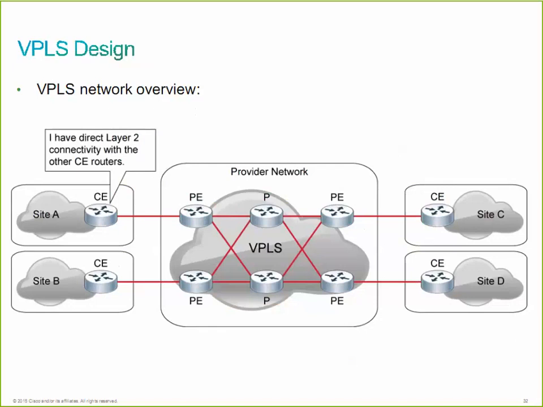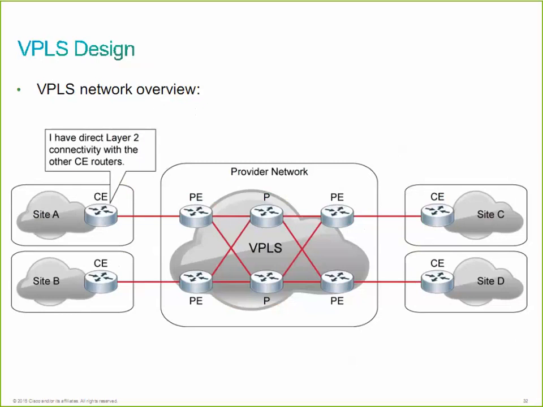It's multi-point layer 2 connectivity, much like a switch would be, where you can have Site A, Site B, Site C, Site D, all communicating to each other as if they were literally plugged in together with an Ethernet switch. So there is no pseudo wire in this case. It's basically the MPLS cloud acting as a layer 2 switch.